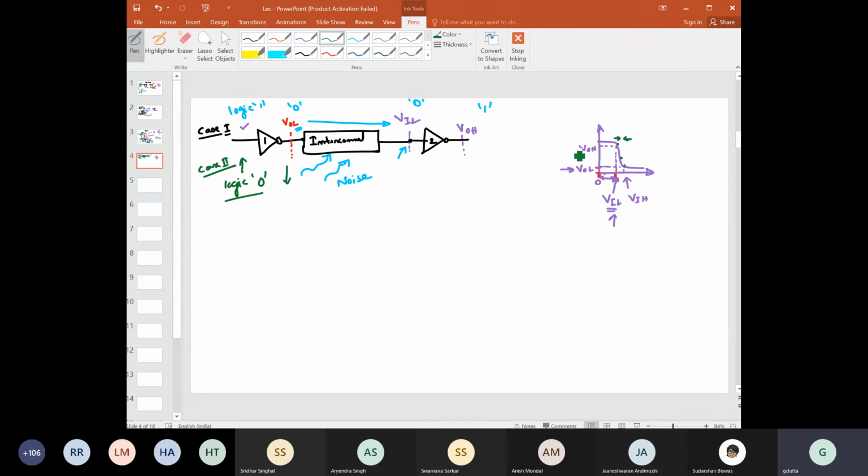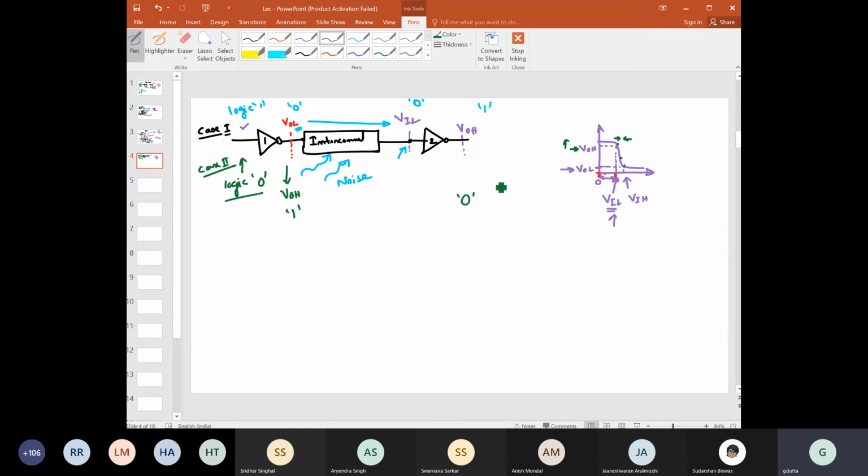But what is the minimum value of VOH that we can expect? That is VOH, this value. Output voltage to be considered as logic 1 has to be above this. If this is VOH, and there is some interconnect where noise has been introduced, that is fine. But if this is VOH, which means this is at logic 1, then after another second inverter, we are expecting logic 0.